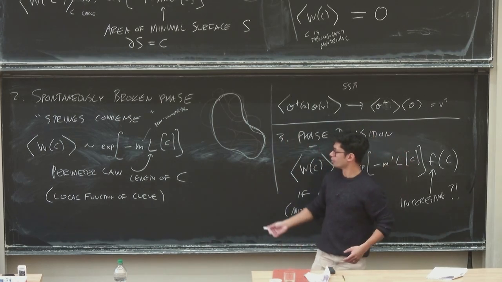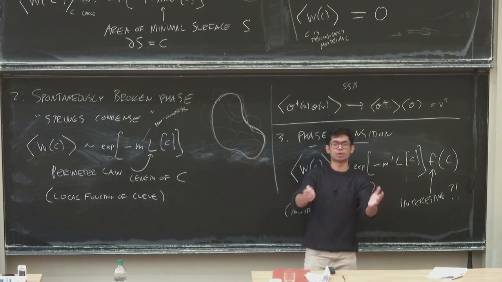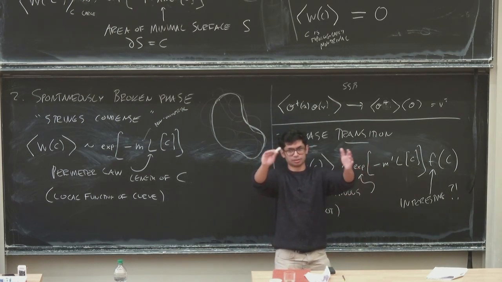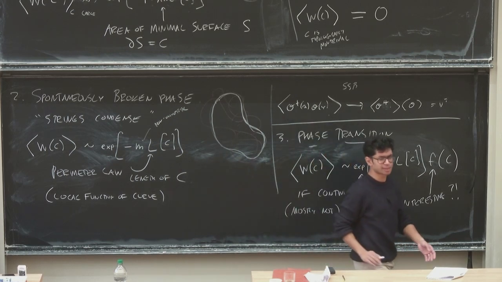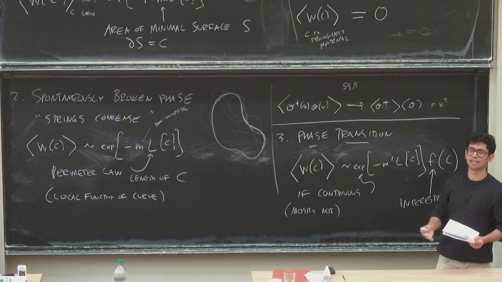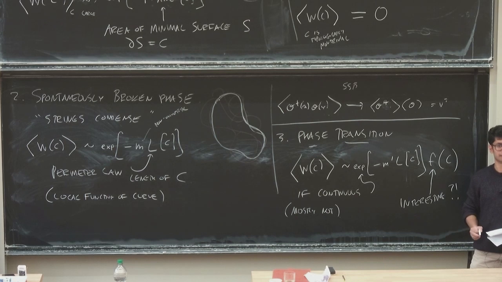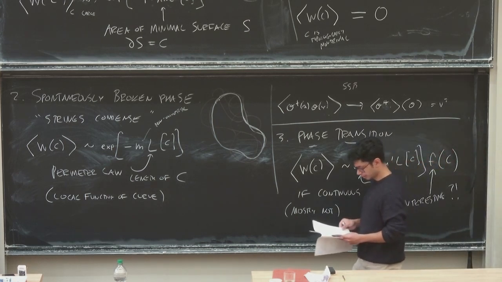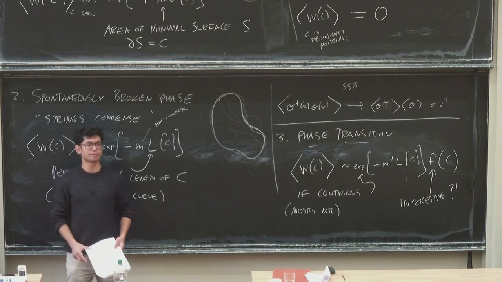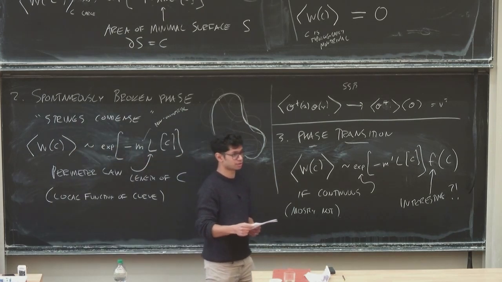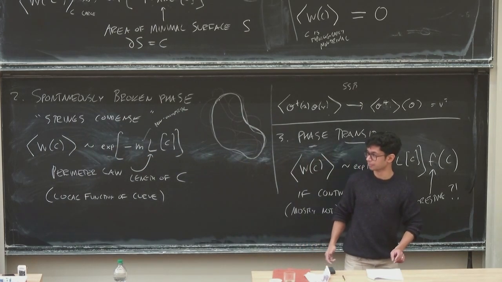When it's spontaneously broken, it depends only on the outside of the operator that you're looking at. That's the two different classes. I'm not going to write down any formulas, but you can imagine how that works by generalizing the ideas of area and length appropriately. So we're going to see this is useful. So far I've just given you some definitions. I'm going to prove to you that this is useful in the next few lectures.